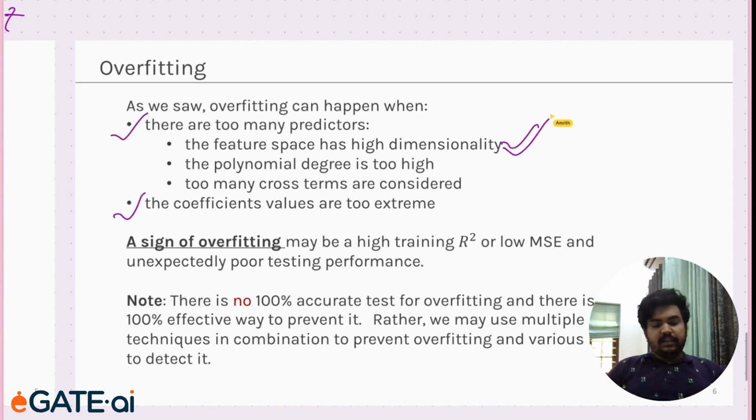A similar issue is that there are too many cross terms. Please remember, cross terms are those entries where you take the product of multiple features or predictors. When there are too many cross terms, the system becomes complex.